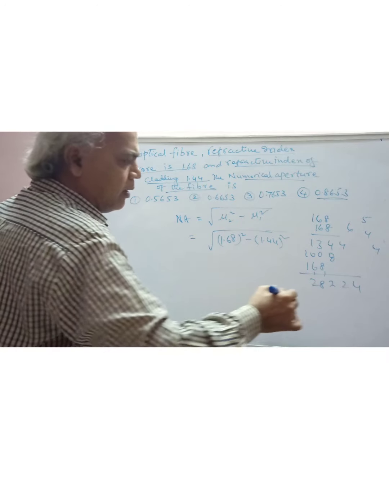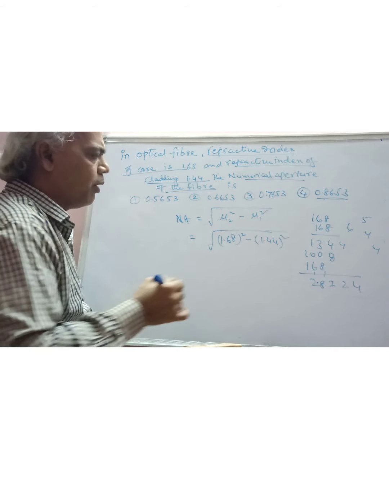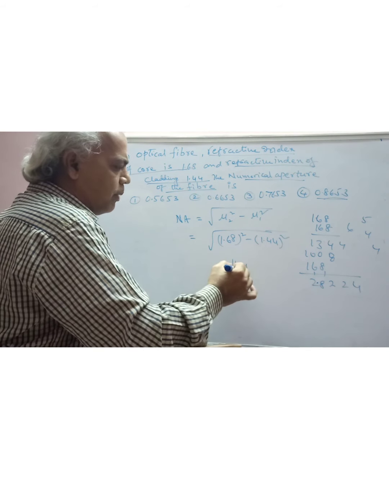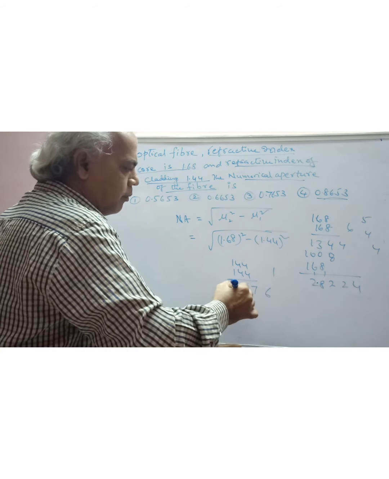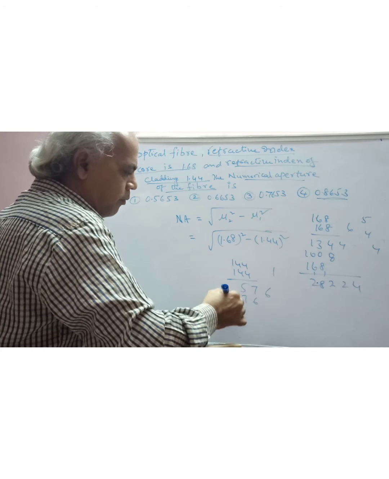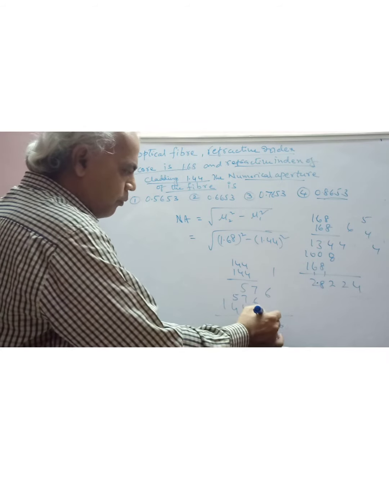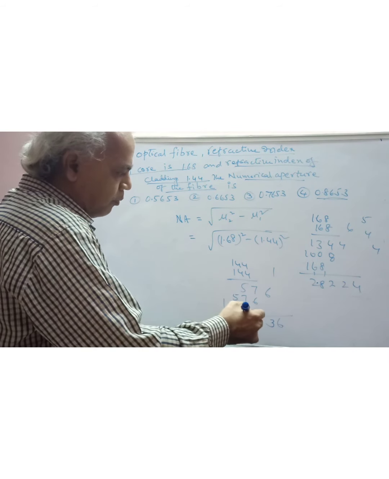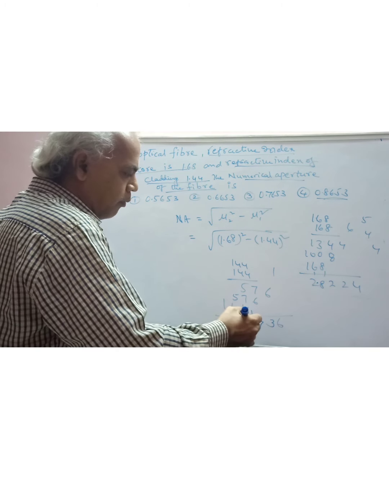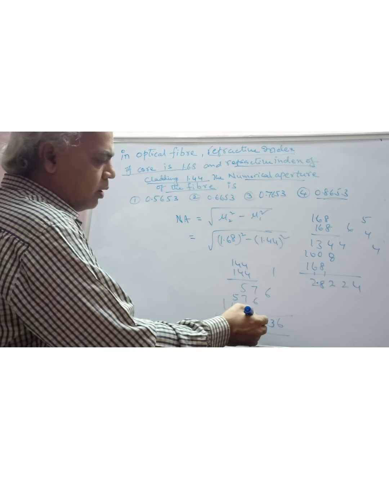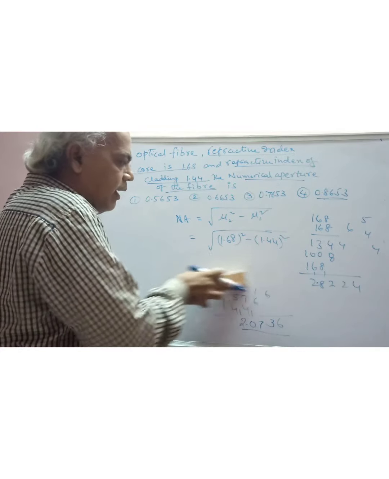What can we obtain that? 2.8224. Again 144 into 144. .0736.